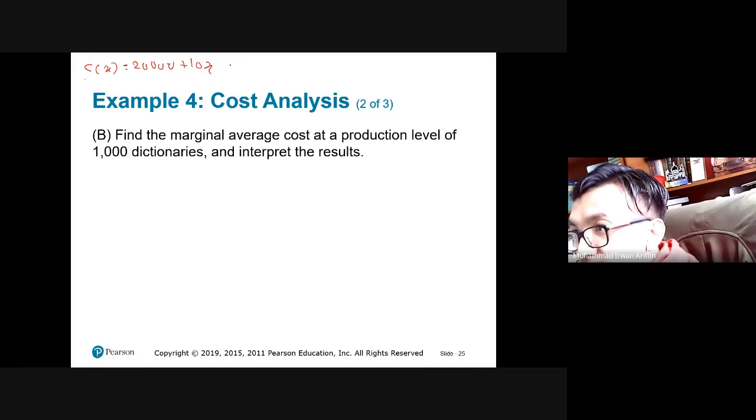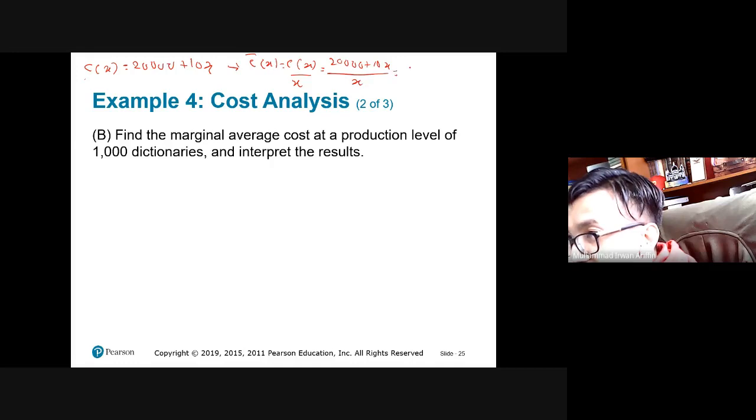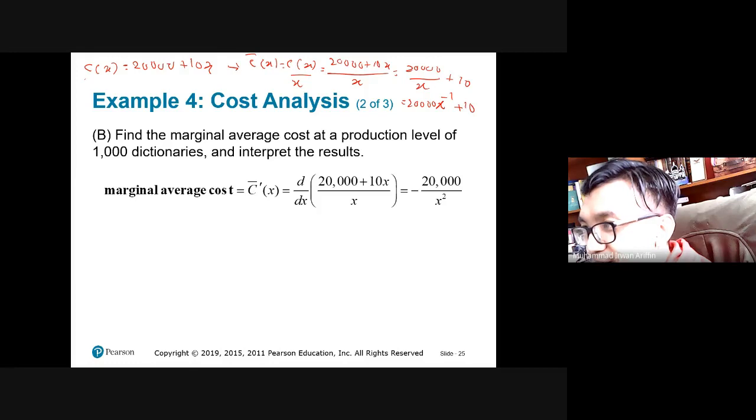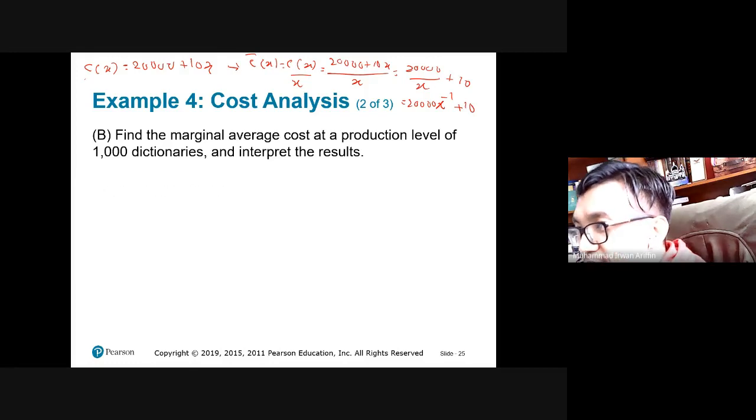And our C bar of X is simply C of X divided by X. So we simply have 20,000 plus 10x divided by X. So this will give us 20,000 divided by X plus 10. Or if you want to write it in a direct way but not elegant, 20,000 X to the power of negative 1 plus 10. So this is our average cost.